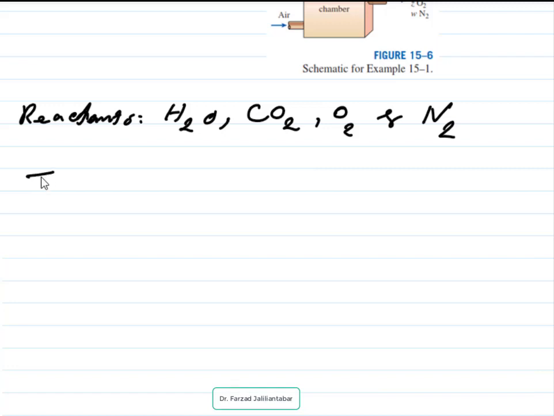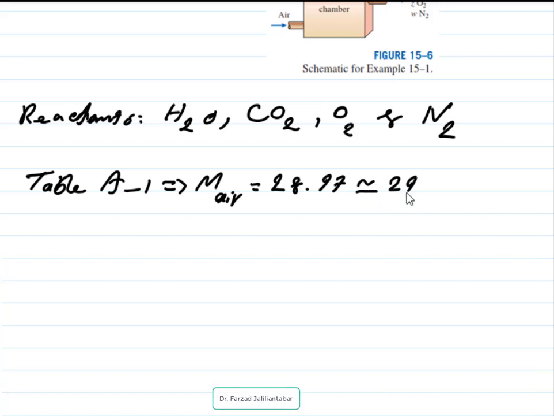And from Table A1, we know about the air, whose molar mass is 28.97, or approximately 29 kilogram per kilomole.